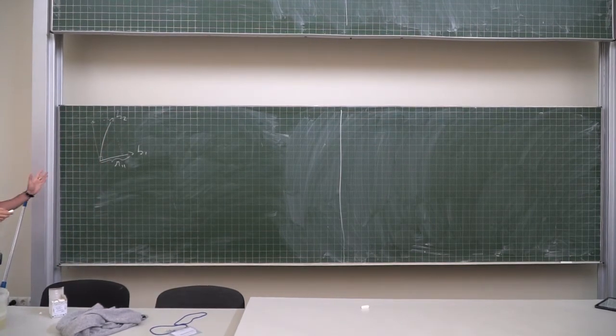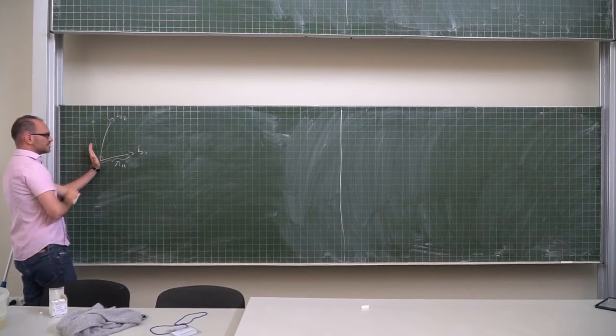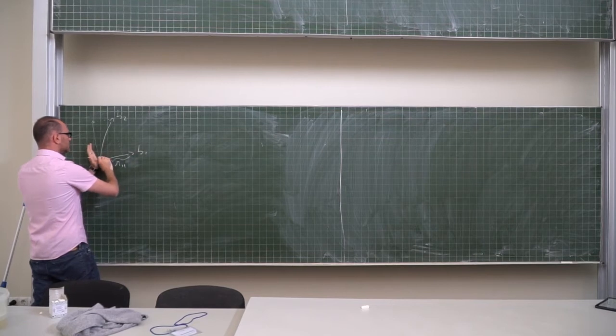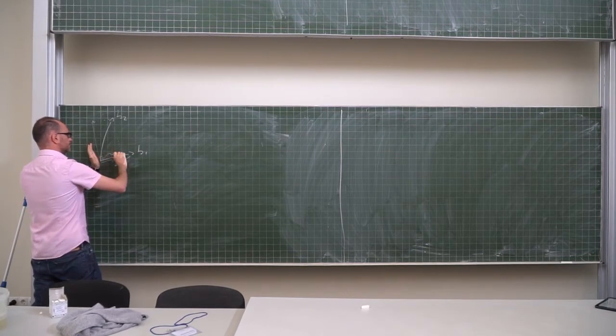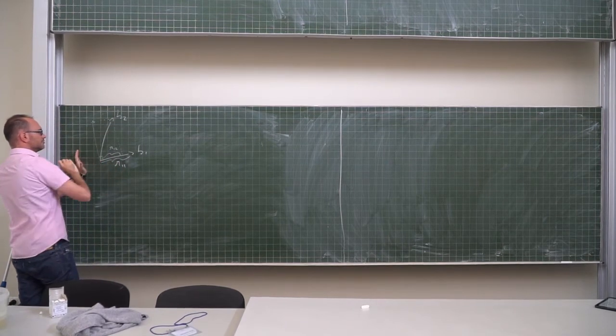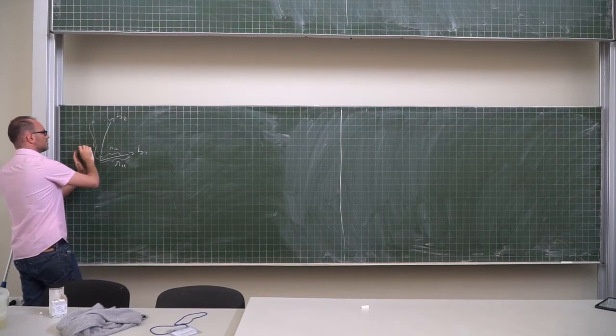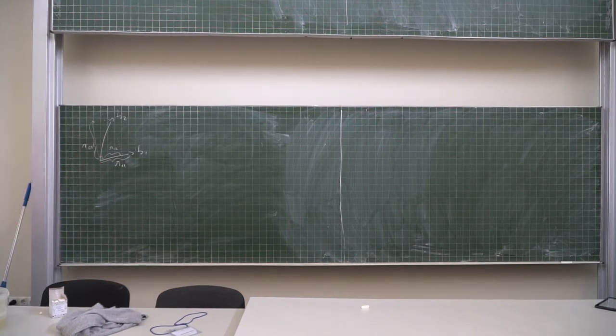Okay, and the component of b2 which is parallel to b1, this is R12. And the component of b2 which is orthogonal to b1 has norm R22. Okay. So this defines R somehow.